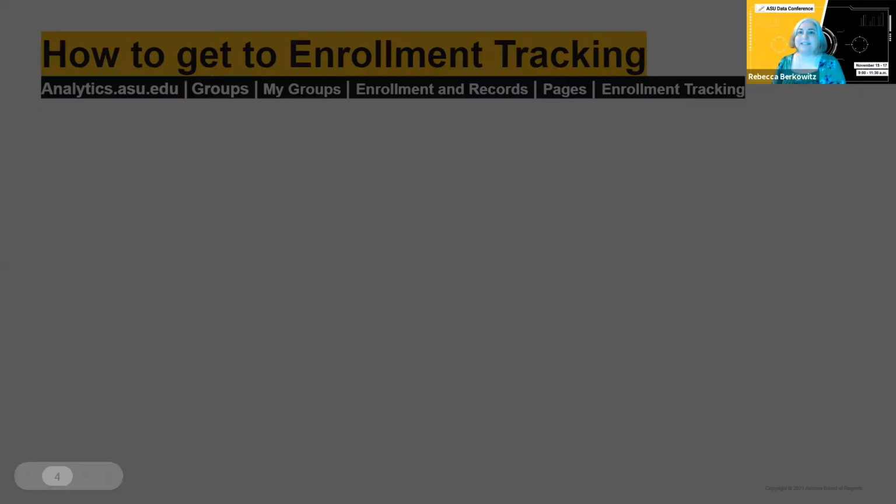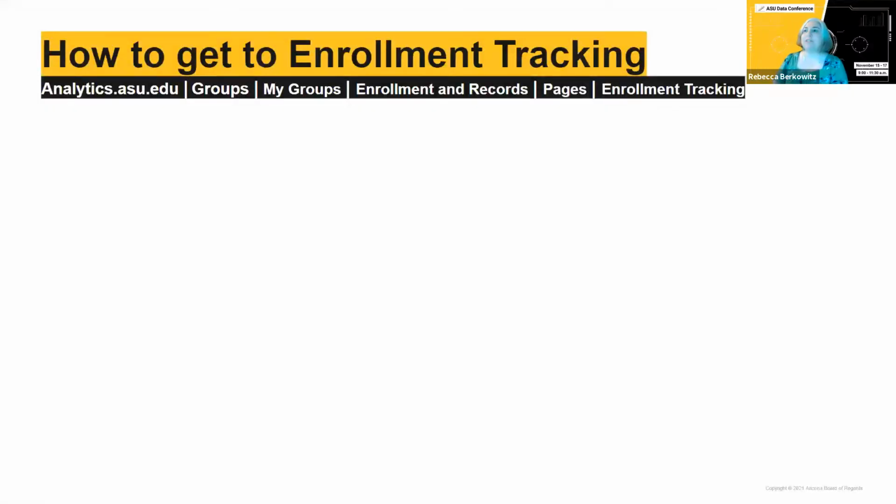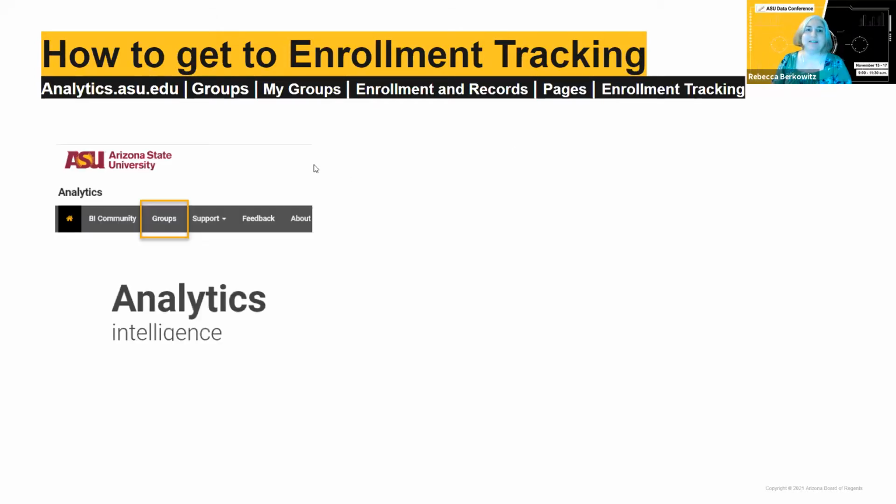All right. So how to get to the enrollment tracking reports. You're going to start from the analytics website, which is analytics.asu.edu. And Elizabeth, if you wouldn't mind putting that link in the chat, that's link number 1, that would be great. Once you're on the analytics website and you've signed in, you'll click on groups, and then from there, you will select my groups.